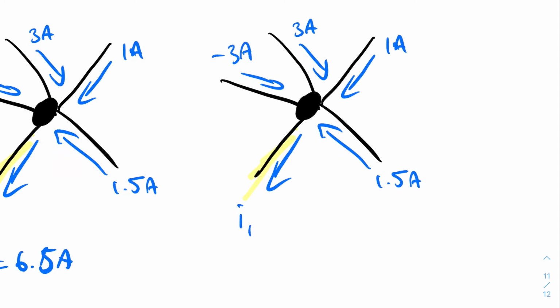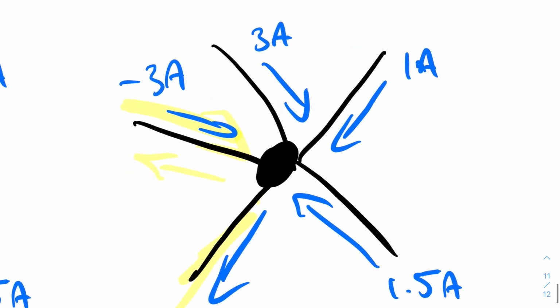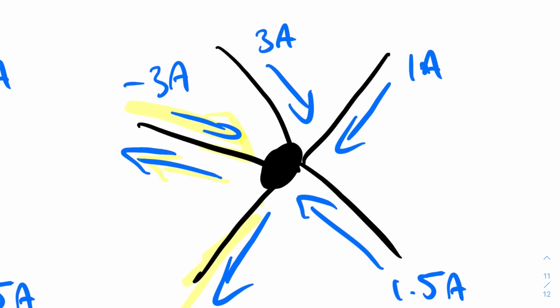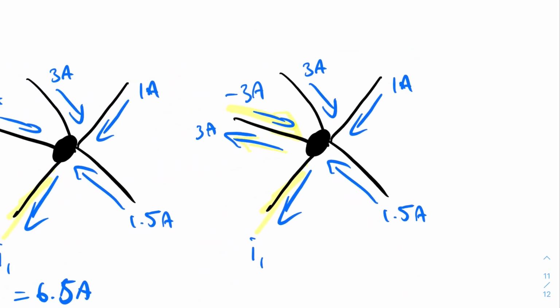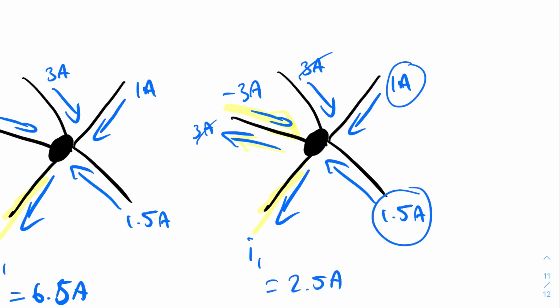If you've got minus 3 amps coming into here that way, what that tells you is that you've actually got 3 amps going that way. So if you take it to mean 3 amps that way, then you've got 3 amps out, 3 amps in, which is equal to 0. So these two cancel each other out. Then you've got 1 amp plus 1.5 amps, that gives you 2.5 amps. And so here, I1 must be equal to 2.5 amps. And that's it.